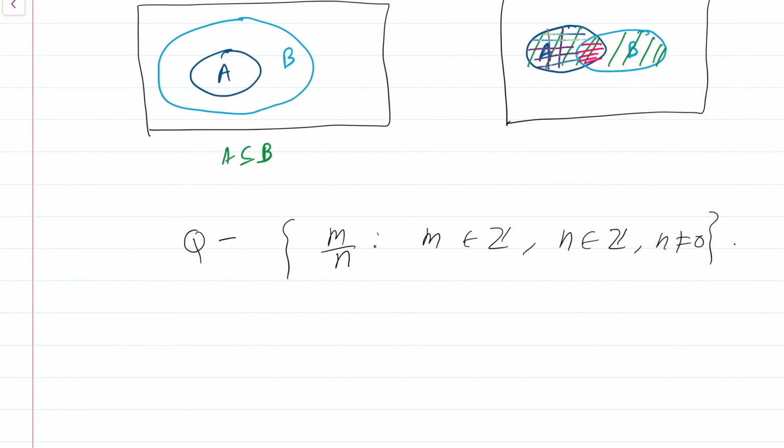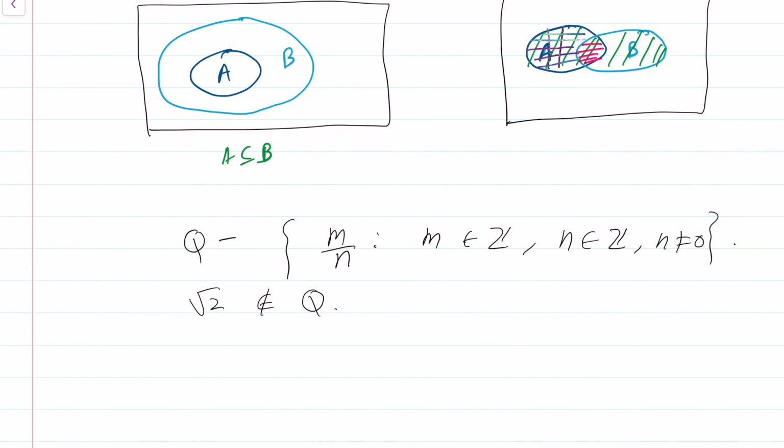This is the collection of all rational numbers, which are of the form m by n. Now, in the previous lecture, we showed that root 2 is not in Q. The proof was slightly involved. Even though quite elegant and elementary, you needed an idea.